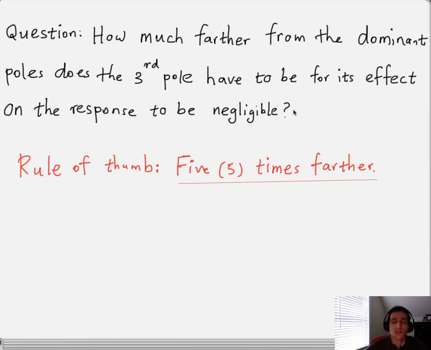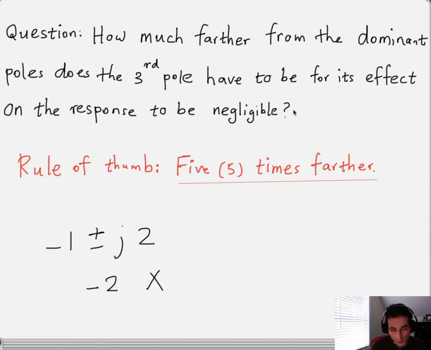For example, if you have a pair of complex poles, let's say -1 plus minus j2, and your simple pole is, let's say, at -2, then you cannot ignore the effect of that extra pole.